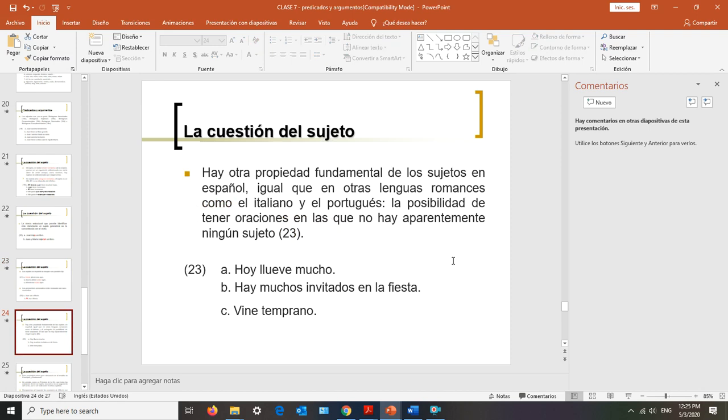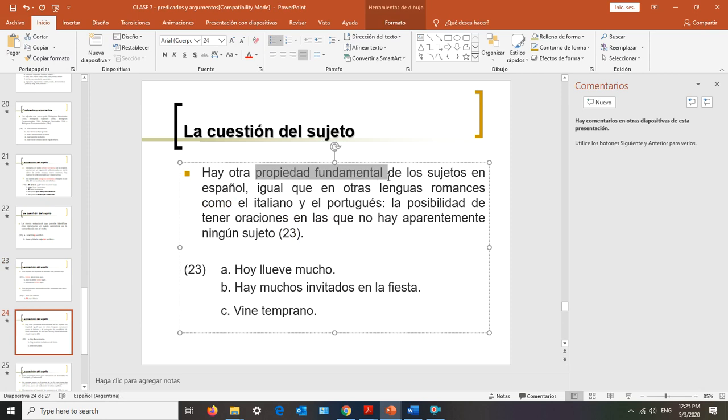Now, there is also a fundamental characteristic of subjects in Spanish and in other Romance languages such as Italian and Portuguese, which is the possibility of having sentences that at the level of surface structure have no subject whatsoever. So we have these example sentences here. This one is with the verb of atmospheric conditions, llover.